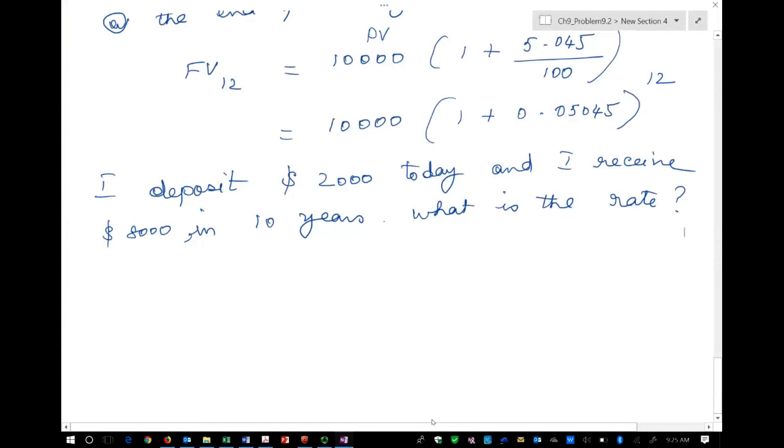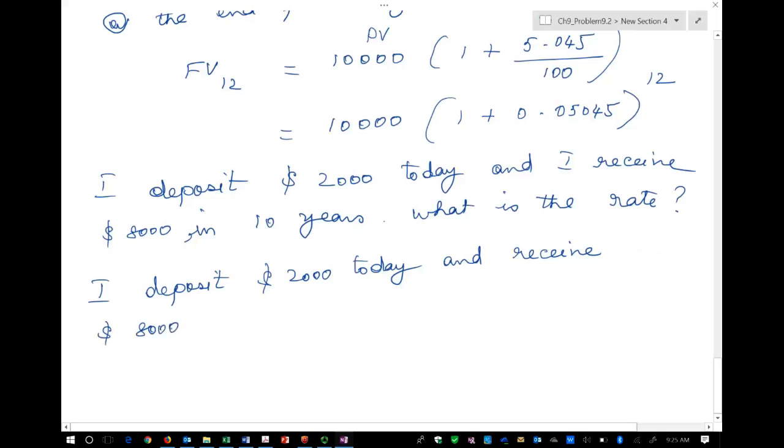I deposit $2,000 today and receive $8,000, let us say at the rate of 12%. How long do I have to wait?